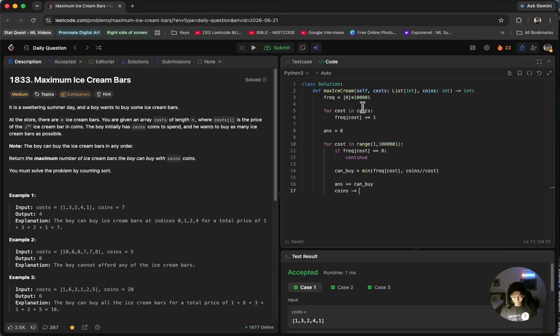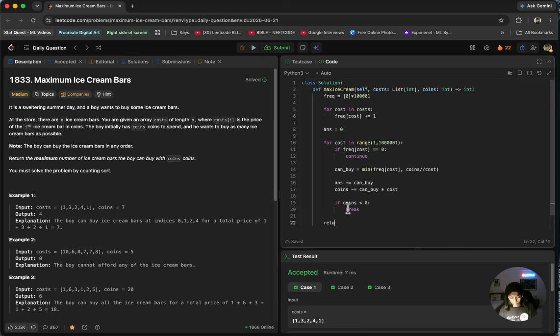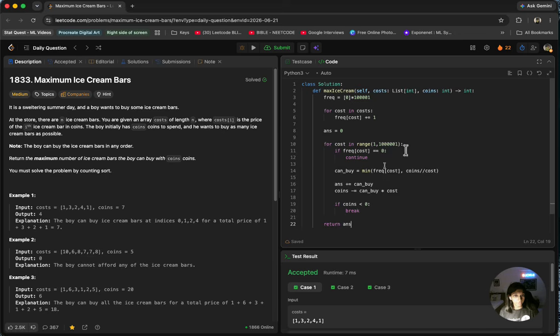So coins will be how many did I buy, which is stored in can buy, and what was the cost of what I bought. All right, so there could be a condition like we saw in that problem over there where I run out of coins. Now, if I run out of coins, why would I simply want to iterate up to 1 lakh, right? So let's just check that condition. So if coins ever reduces less than 0, then we can just break out of this. And at the end, we should be able to return answer.